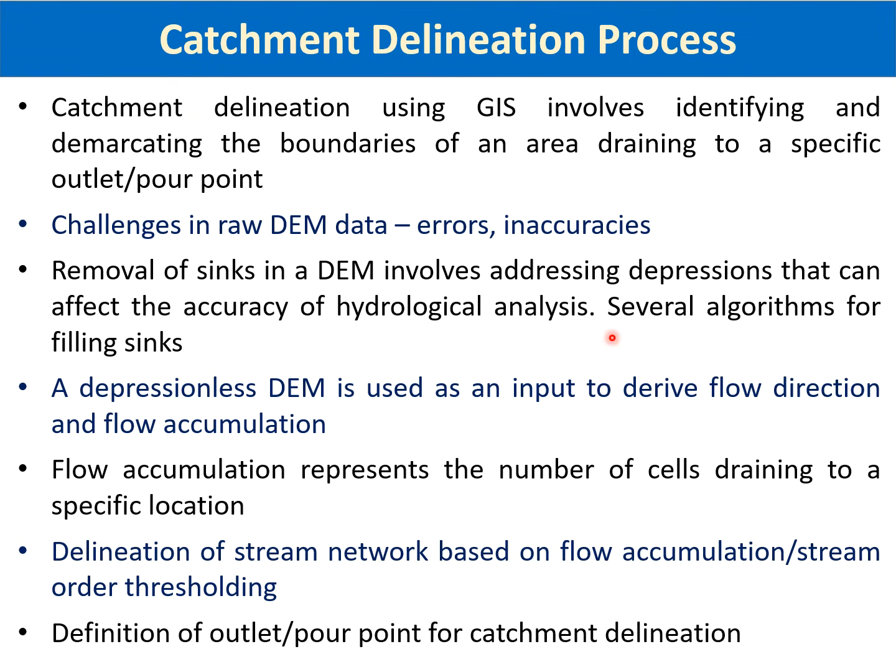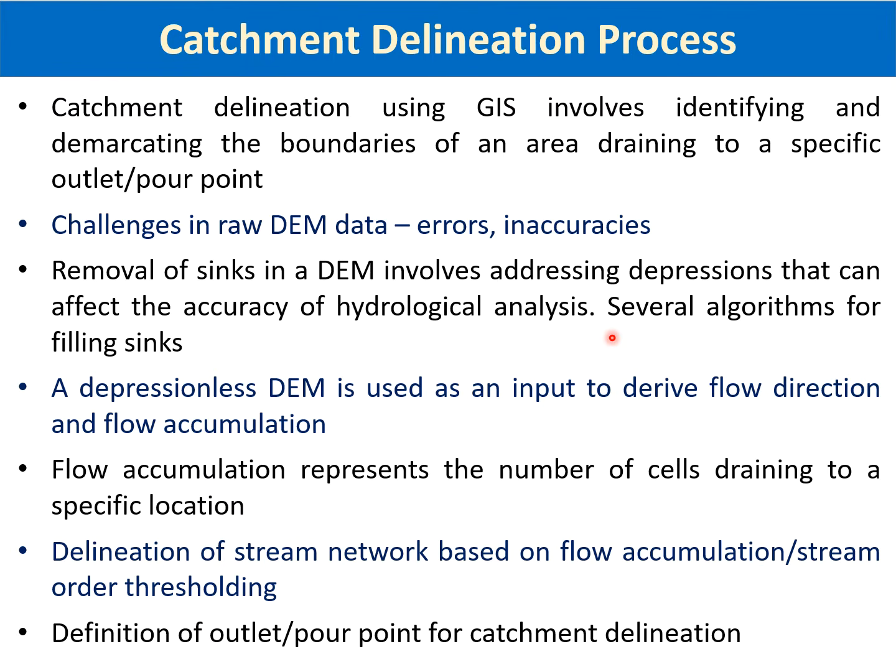Similarly, there are other algorithms where water will flow in multiple directions. There is D infinity. There is the multiple flow direction algorithm, which may be useful for delineation or stream generation in particular settings.